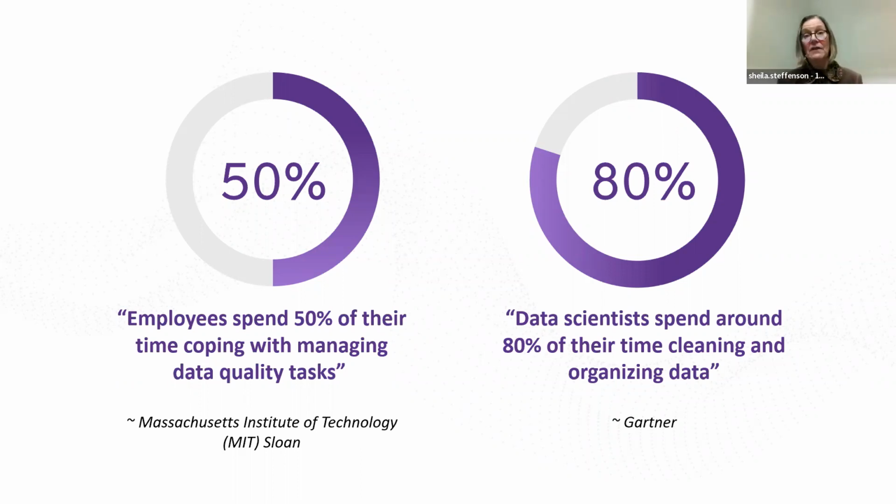And then this one on the right also was really concerning to me, because when you think about a data scientist's job, they're responsible for taking data and really doing some high-level analytics on it to break new ground and to discover new things. And if they have to spend 80% of their time cleaning or organizing the data, and I imagine some of that is finding the data too, then that means only 20% is really going to what their real day job is.